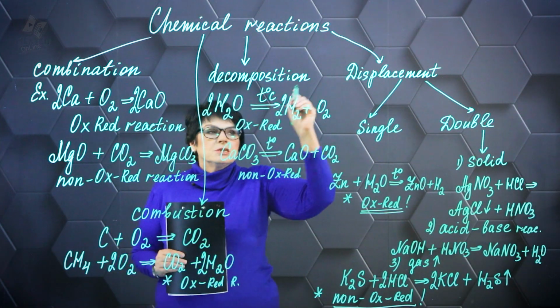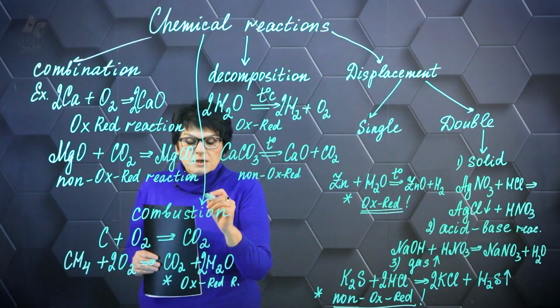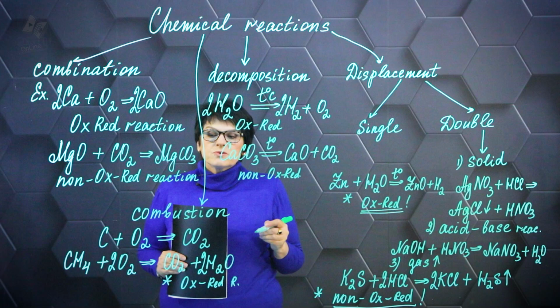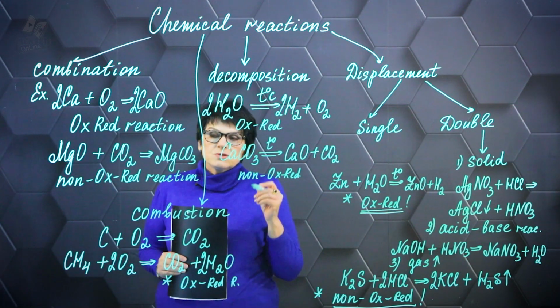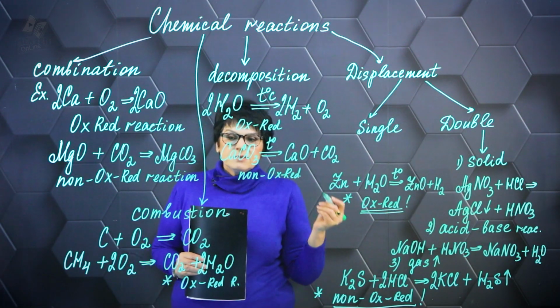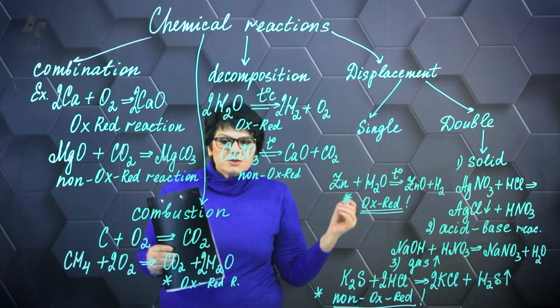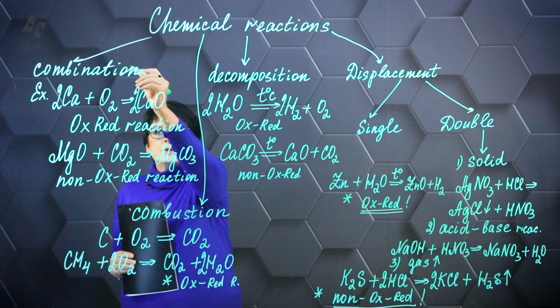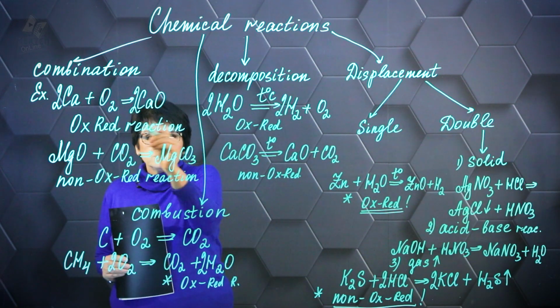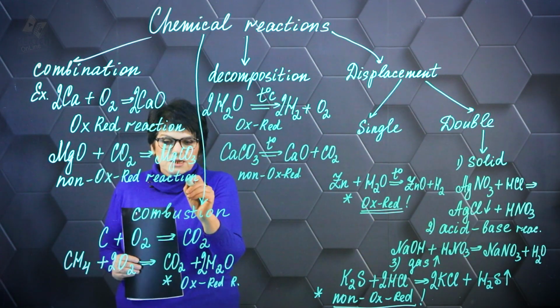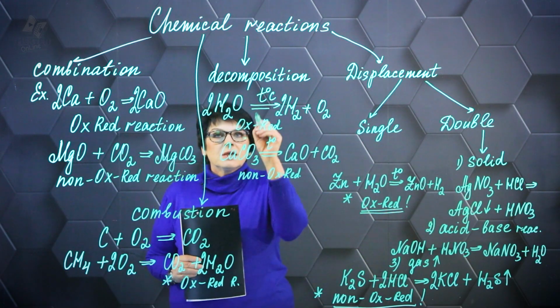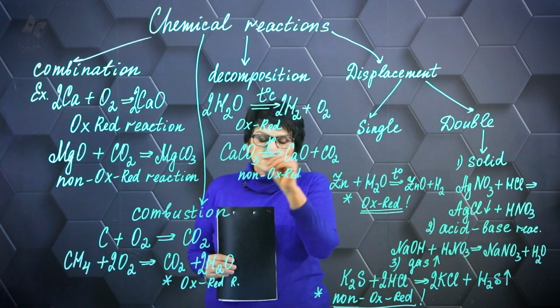Compounds, decomposition, substitution and combustion, and in addition we've included here the classification into, for example, redox and non-redox reactions. To summarize, coupling reactions can be both redox reactions and non-redox reactions.